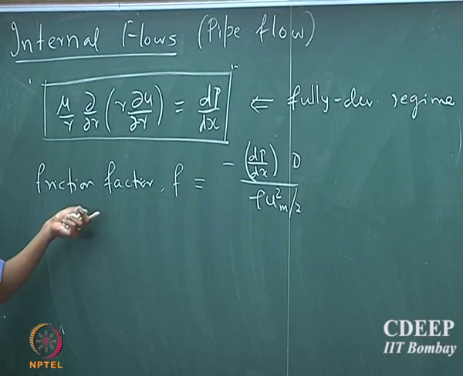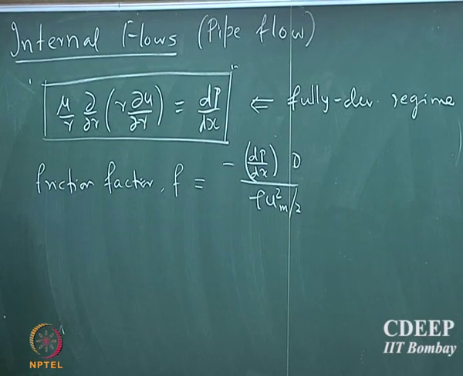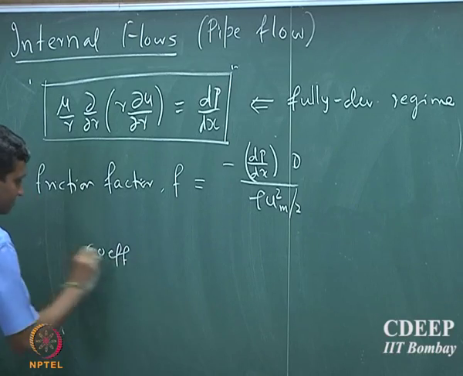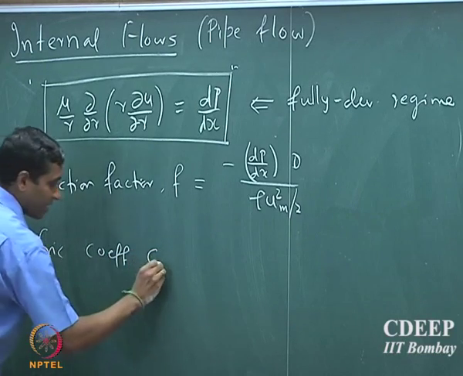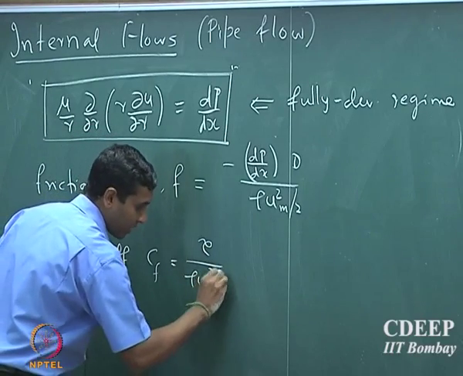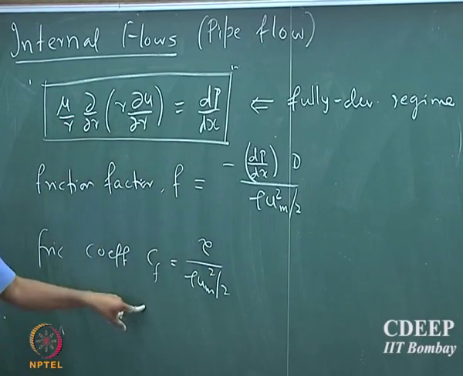How are the friction factor and friction coefficient defined? What's the friction coefficient? So the friction coefficient, that's Cf, that's tau divided by rho um square by 2. How are these two related?